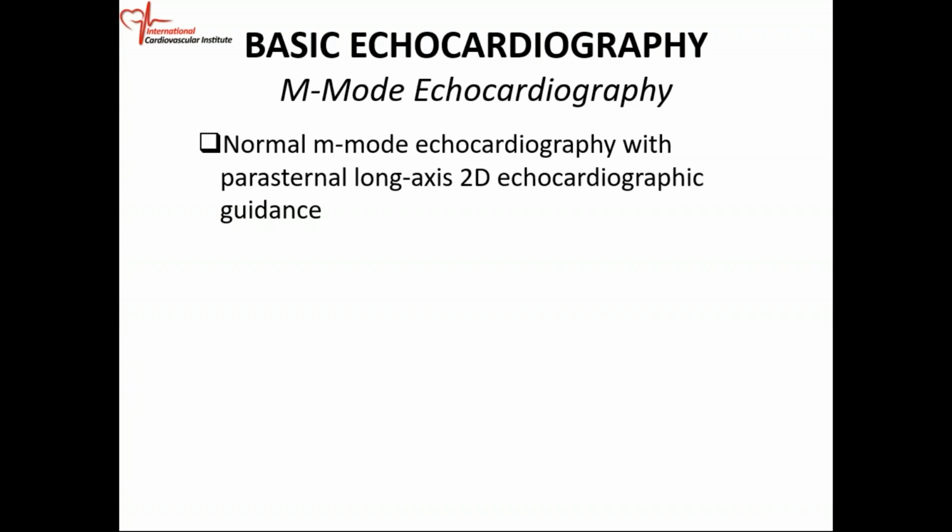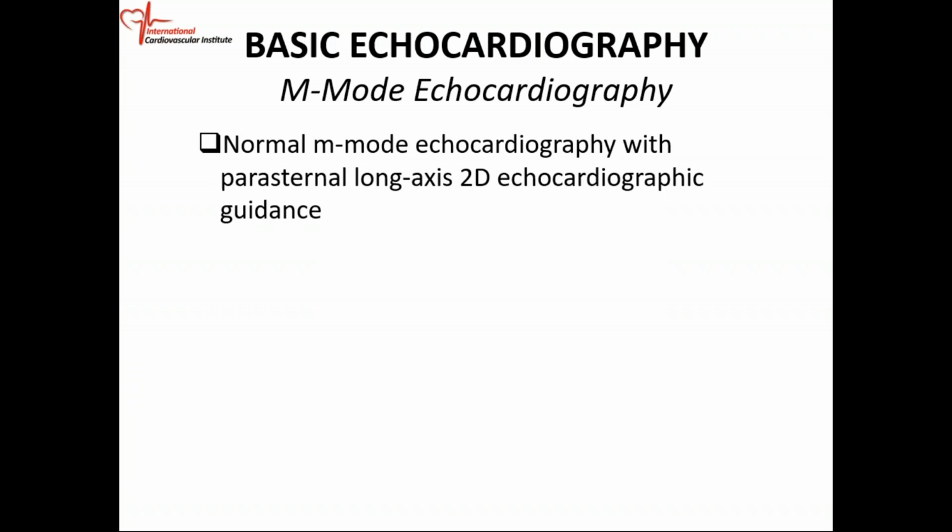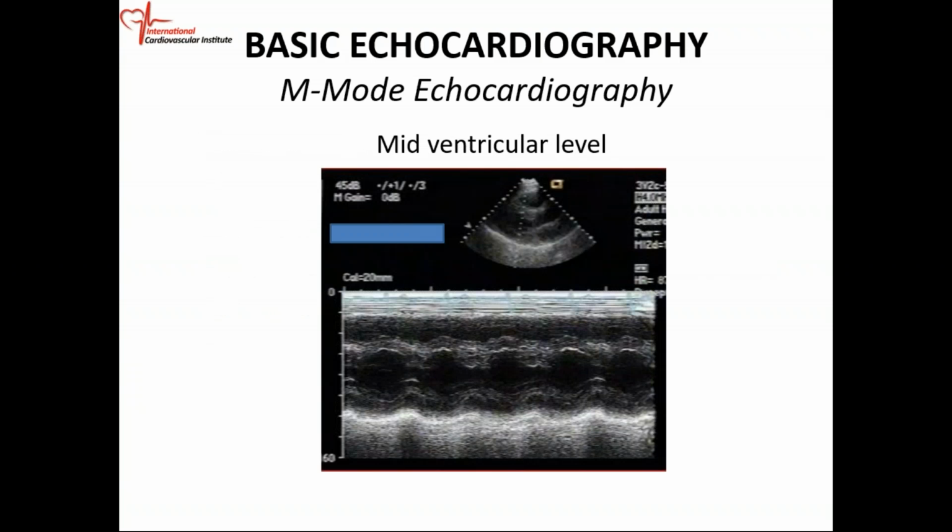The problem with that is when you did your measurements, you were not perpendicular to the structures and your measurements were not uniform. But if you do M mode with two-dimensional guidance, you can get much more accurate measurements. So what we do now is two-dimensional guided M mode.